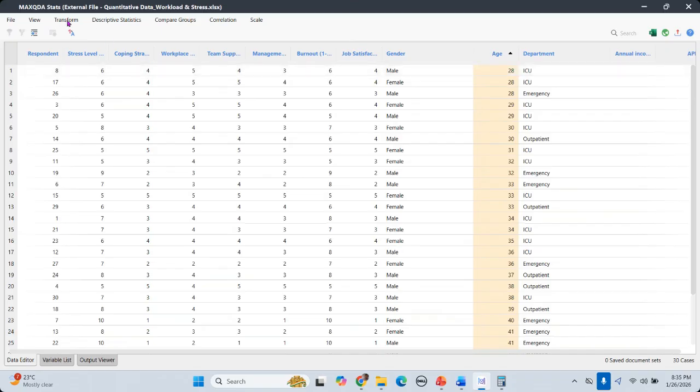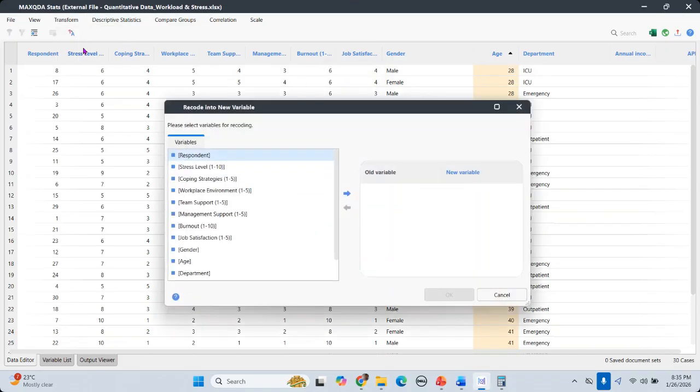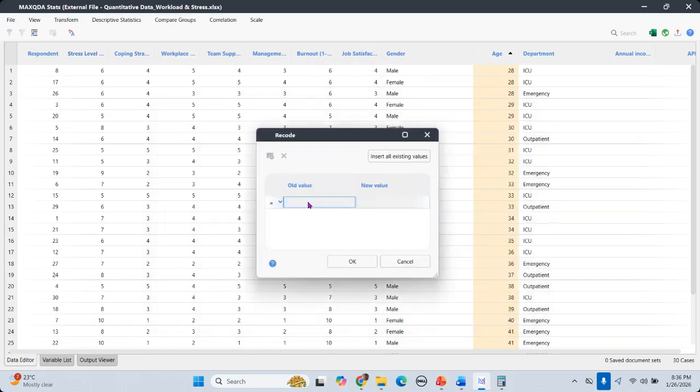Now let's go to transform. There is an option called recode into new variables. Recode into new variables. Now I'm selecting age, the old variable. I'm going to come up with a new variable, meaning I am not going to disturb the existing column. The new variable title is age 2. Okay. Now, what new values am I going to have? I want to create class intervals like less than or equal to 35 should be considered as 1, or young age.